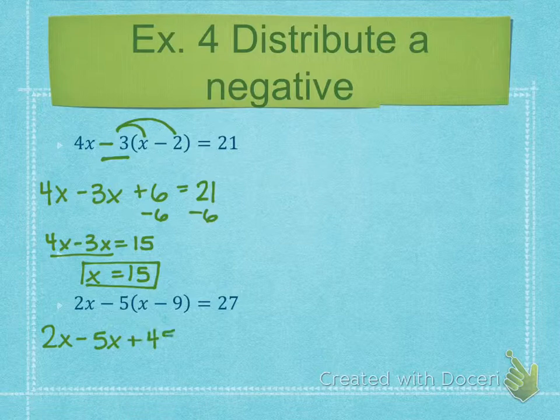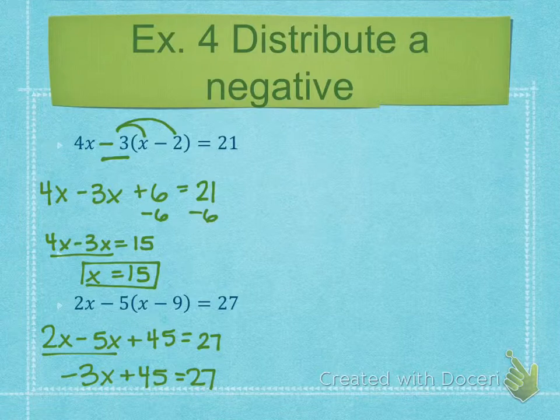Perfect. Okay, Charles, what would I do now? Okay, which means? Very good. Negative 3x plus 45 equals 27.